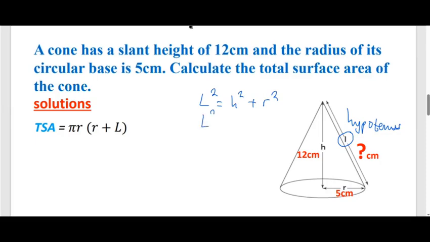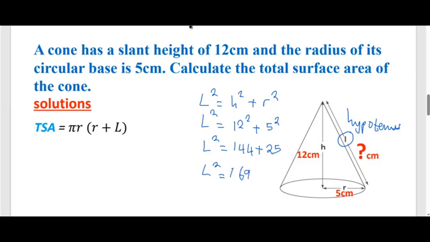So L squared is equal to the height, it's 12, so it will be 12 squared plus the radius, which is 5 squared. So from here we have L squared is equal to 12 squared, which gives us 144, plus 5 squared, which gives us 25. So here we'll say L squared is equal to 144 plus 25, to give us 169.